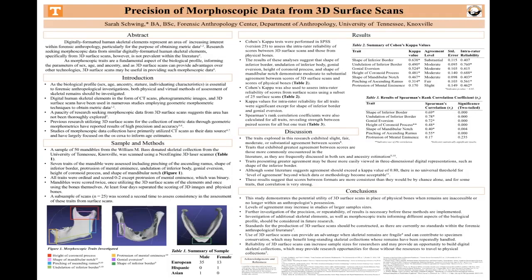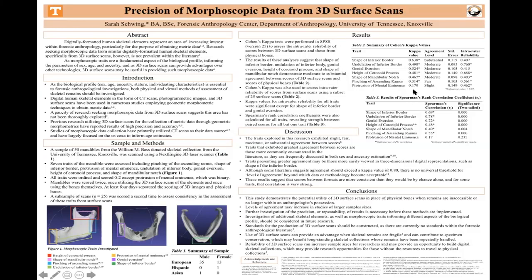I scored all 50 mandibles virtually after creating 3D surface scans using a NextEngine laser scanner, and then about a week later, scored those same 50 dry elements. For statistical analyses, I used Cohen's kappa and compared the agreement between all of those scores.